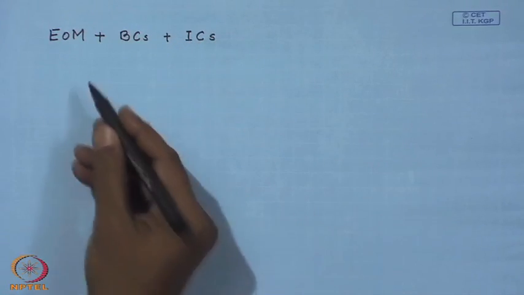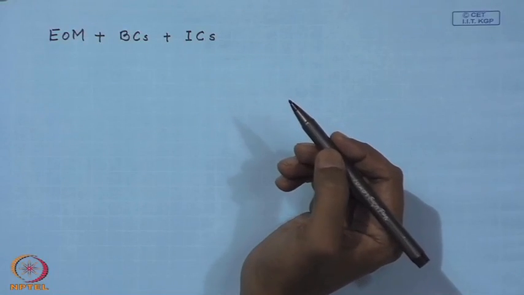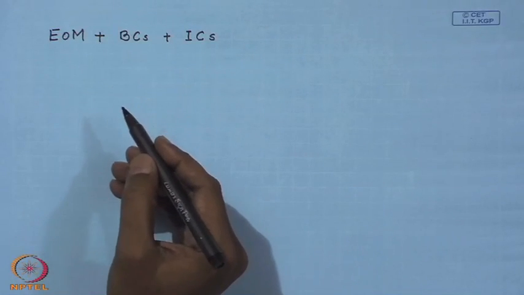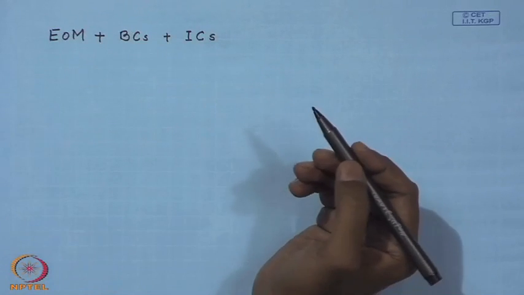So, this is what we have in hand. Now, what can we do with these? In the general situation, given these three things, we can solve the system.